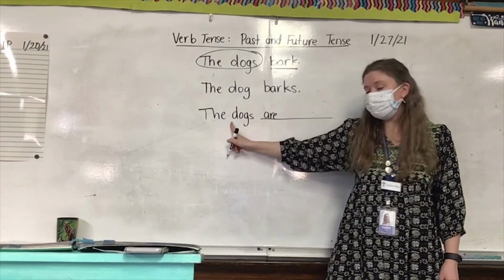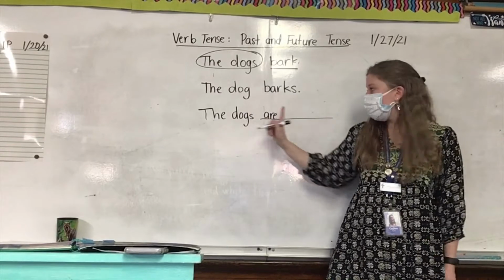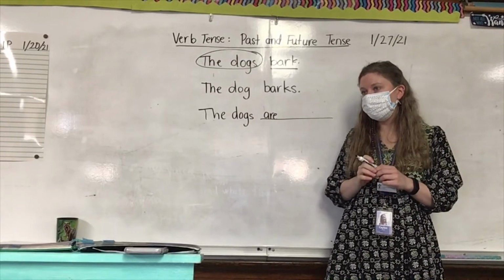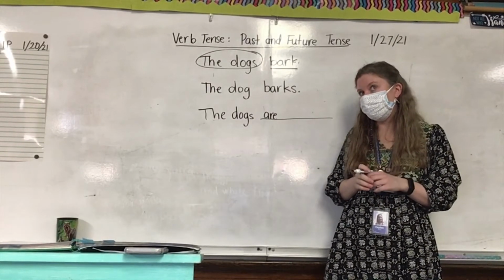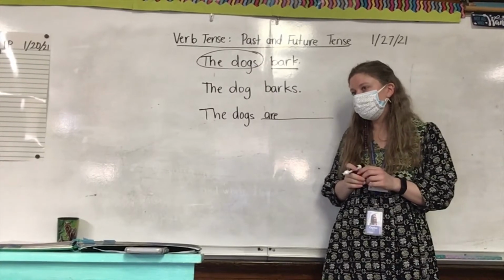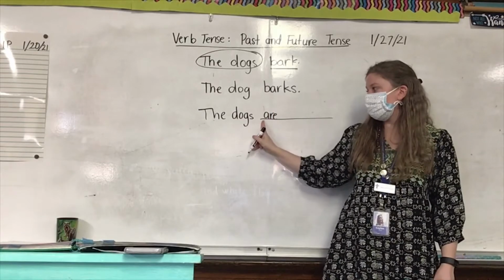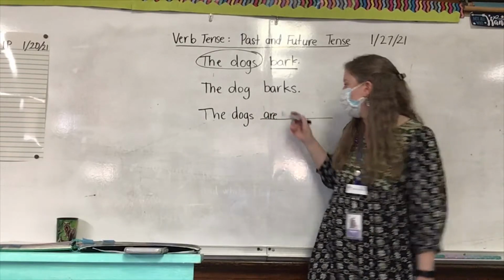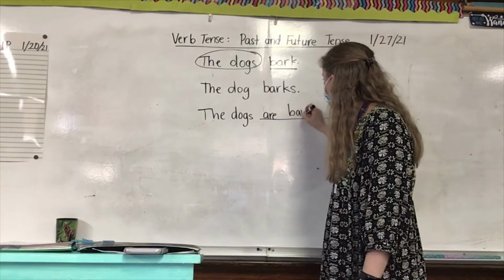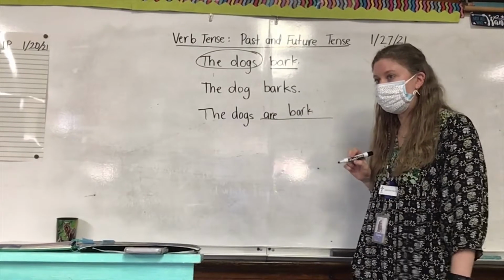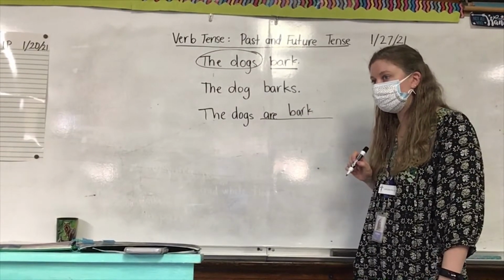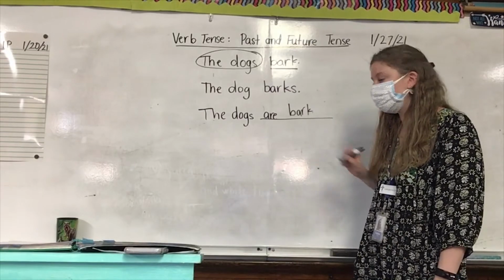I know I'm talking about more than one dog. So do I use is, are, or am? Are. And then what do I do to the verb? Add ing.